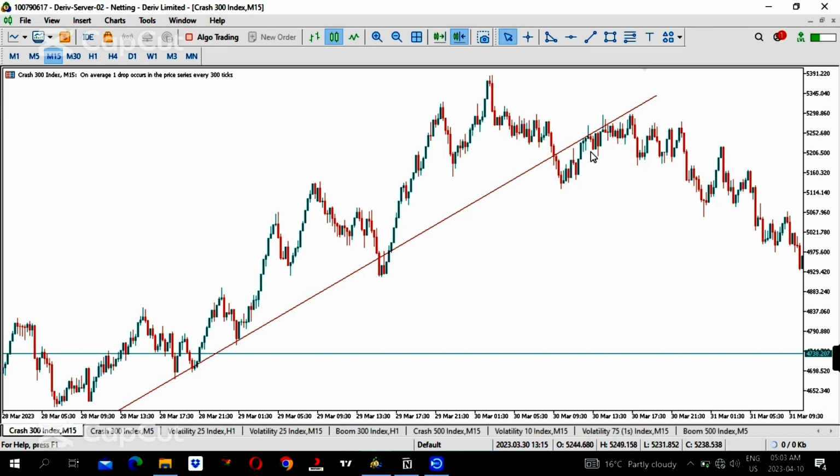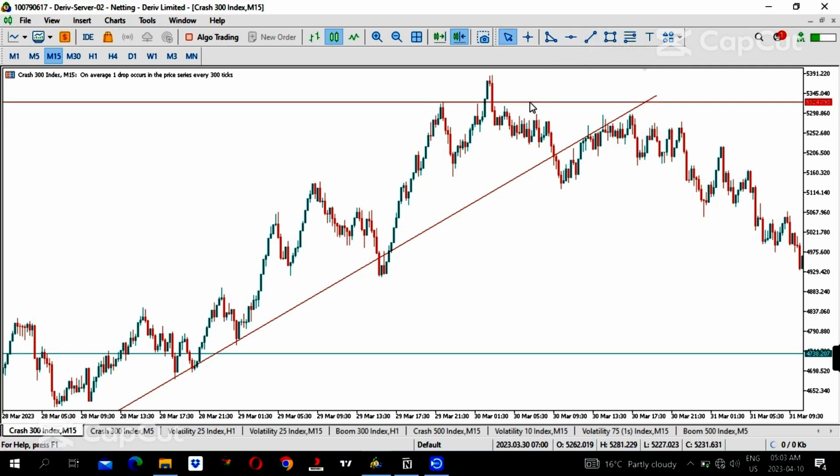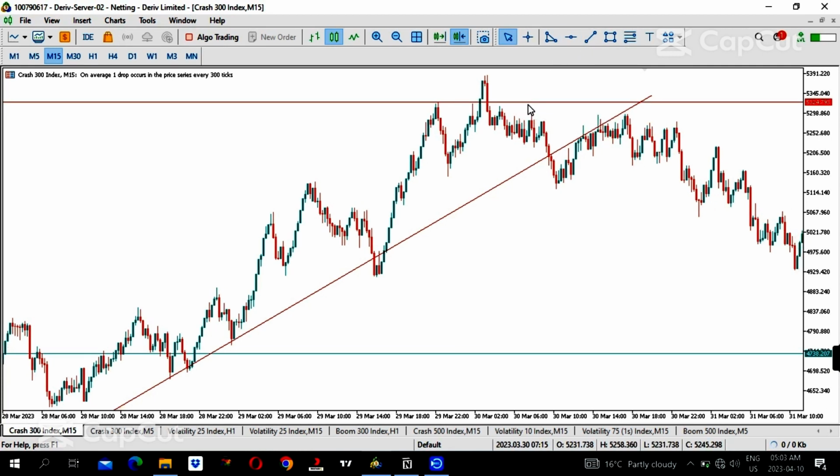After it gets broken, there's a retest of this trend line, and it's showing multiple weak rejections. This is a strong pattern. Multiple weak rejections show that the market isn't powerful enough to break this level. So you enter your sell over there.